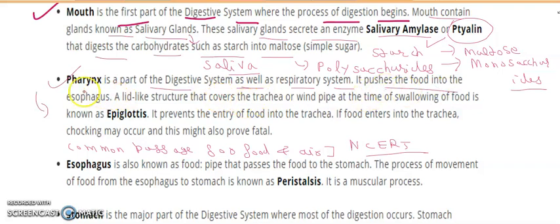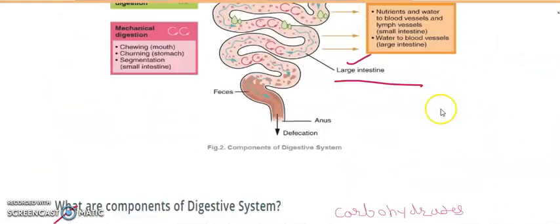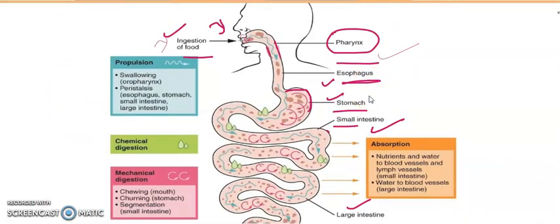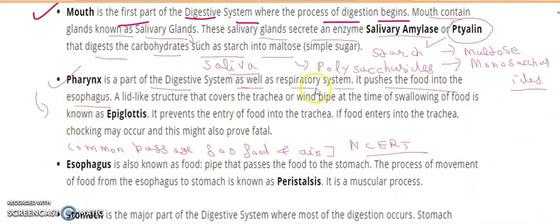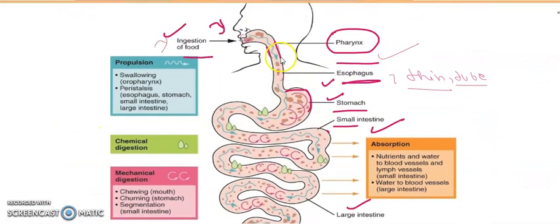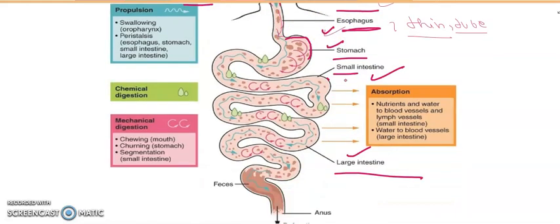It pushes the food into the esophagus, a thin tube-like structure. So if you relate this with the diagram, you can clearly see that the pharynx pushes the food into this lower part, which is the esophagus.